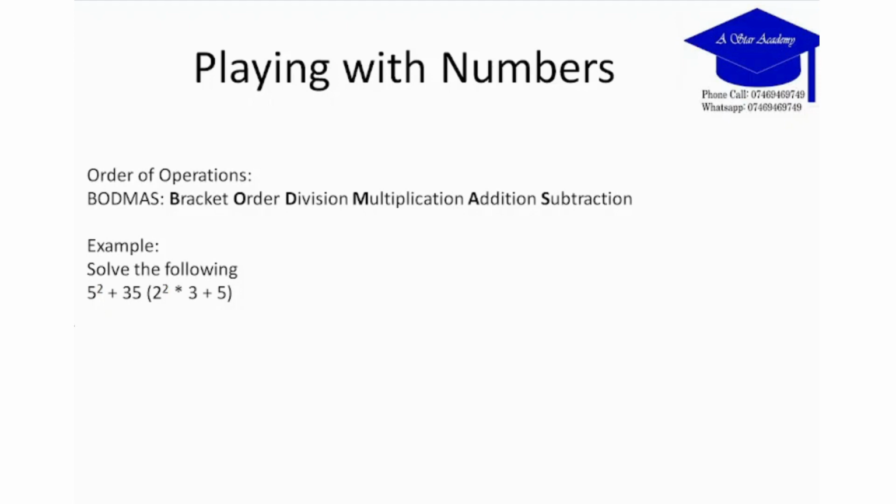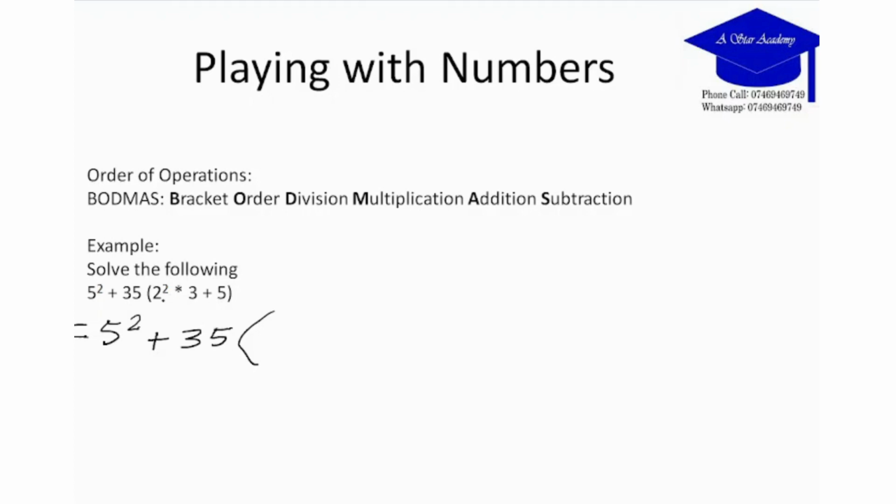So now going by the above rule, which is the BODMAS rule, first let's keep 5 square here plus 35. We try to solve the bracket first, everything inside the bracket first, and inside the bracket we have order, we have multiplication with 3, and we have addition with 5.